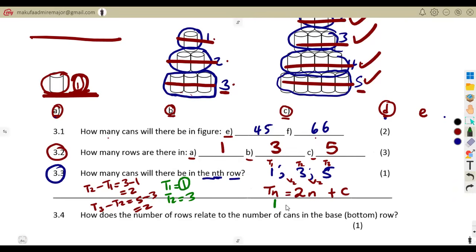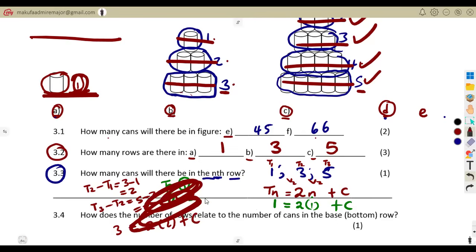We substitute 1 is equal to, in place of n, remember this is Tn, so n is equal to 1. So it's 2 times 1 plus C. You can use any part. You can use this one: T2, which means 3 is equal to 2 times, n is represented by 2, so it will be 2 times 2 plus C. Then you have to find the value of C from there.